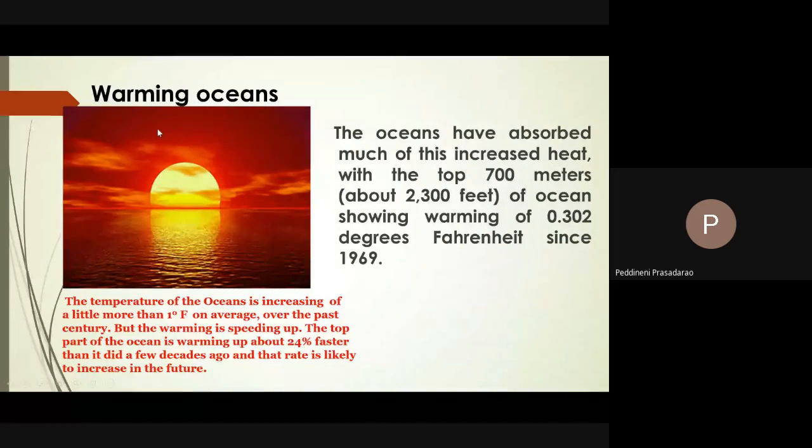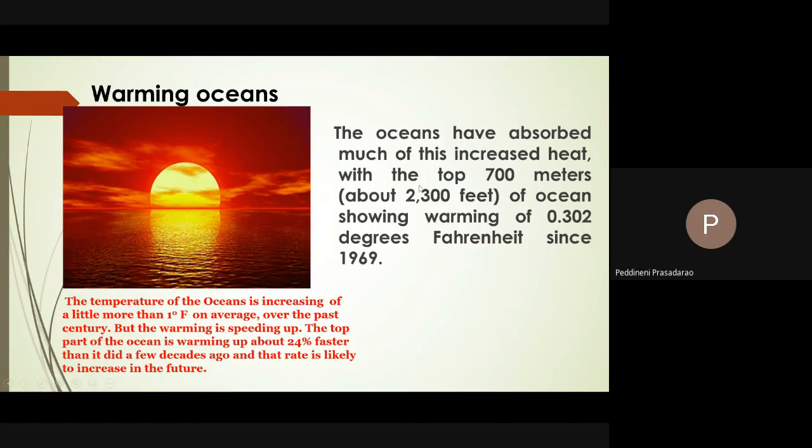Once the atmosphere is warming up, the oceans also absorb more and more energy, and as a result the temperature of the oceans is also rising. The oceans have absorbed much of this increased heat, with the top 700 meters of ocean showing warming of 0.302 degrees Fahrenheit since 1969.